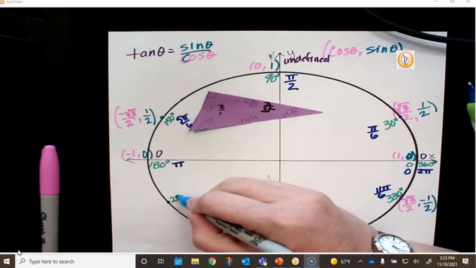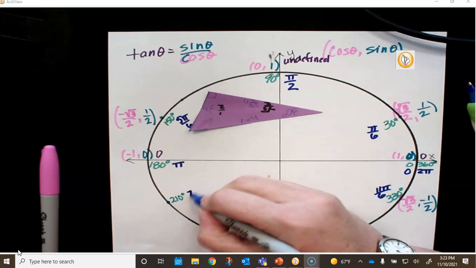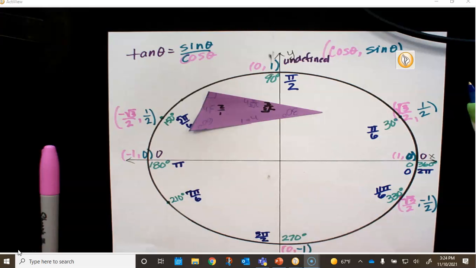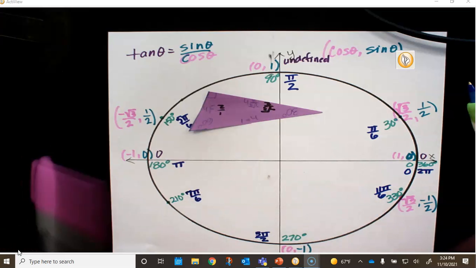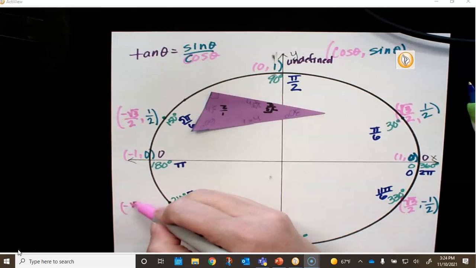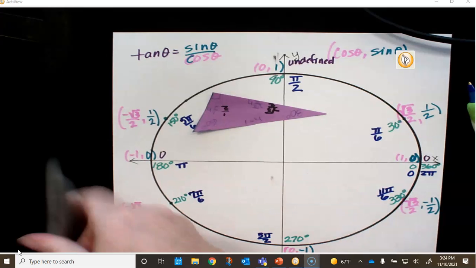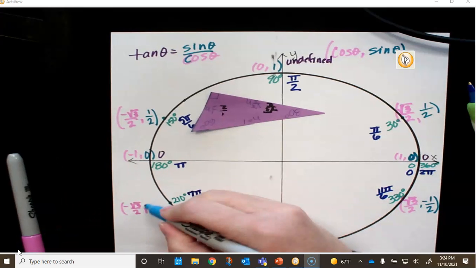I know that's 210 degrees. 210 divided by 30 is 7. So that's 7 pi over 6. And what would my coordinate be? Well, in the third quadrant, both are negative. So I have negative square root of 3 divided by 2, and I have negative 1/2.